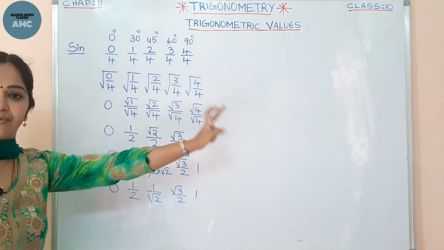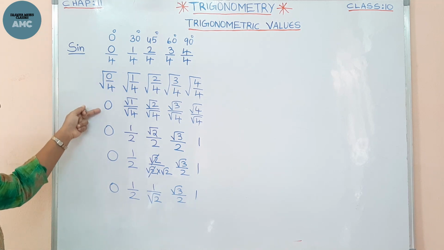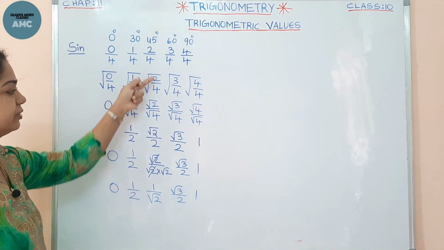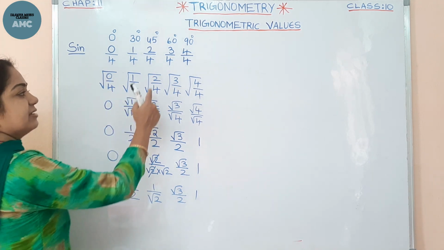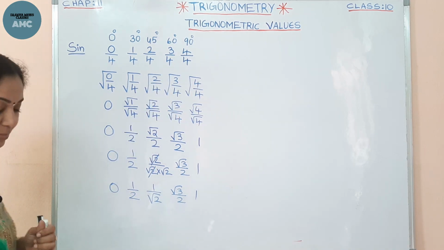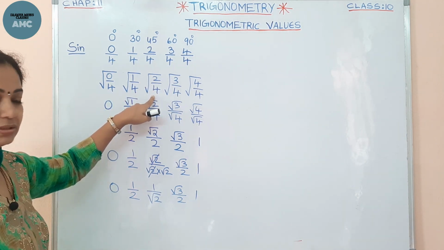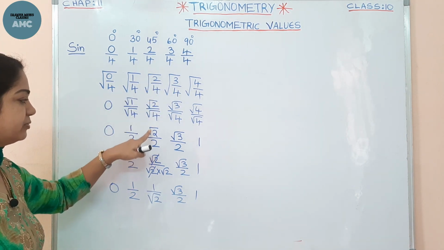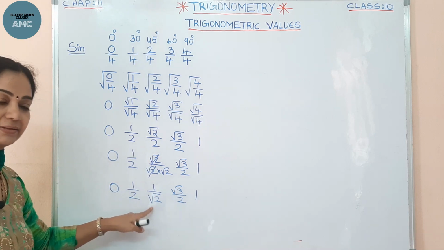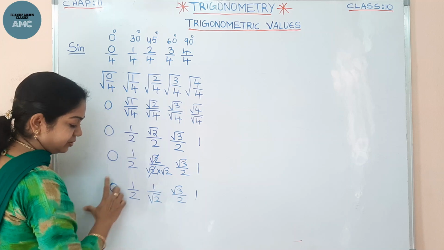Then I've taken the square roots and written the values. Square root of 0, then 1 by 4, then 2 by 4. Here we can cancel, so that comes to 1 by 2. Likewise the square root of 1 by 2 is 1 by root 2. Then root 3 by 2 and 1. So all values you get.